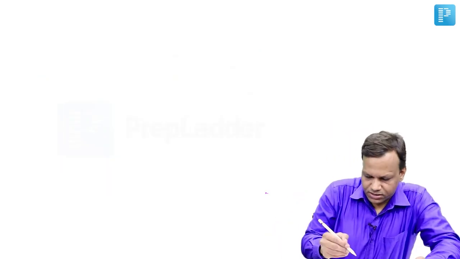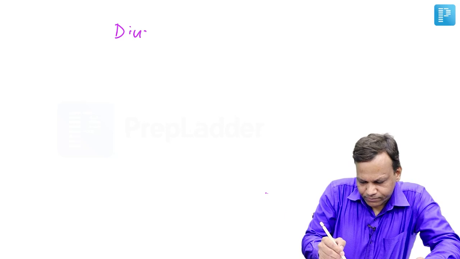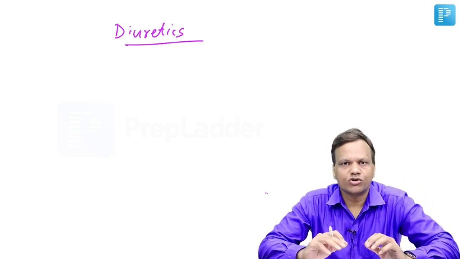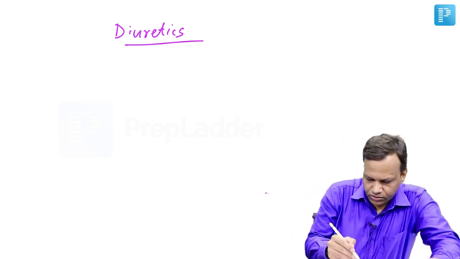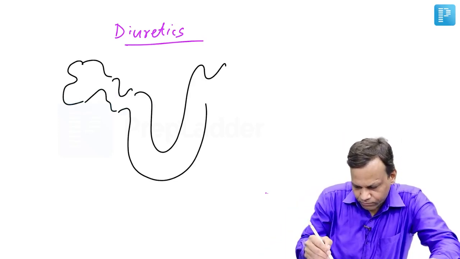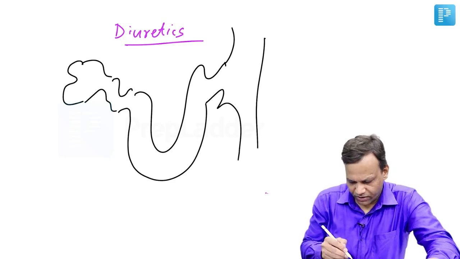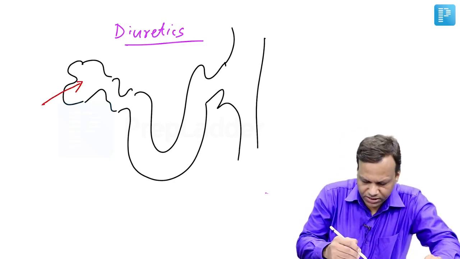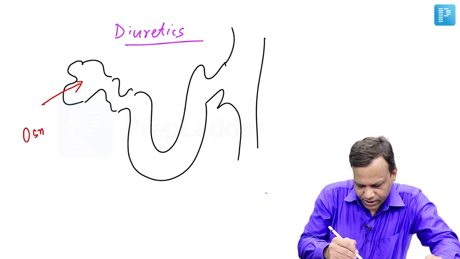Our next topic is diuretics. Diuretics, we can divide them based on their site of action. So if we quickly make a nephron, the diuretics may work on filtration, which are known as osmotic diuretics.